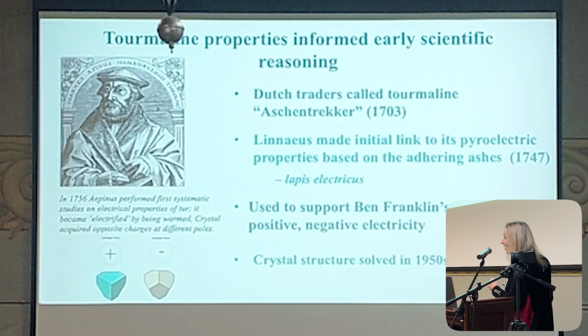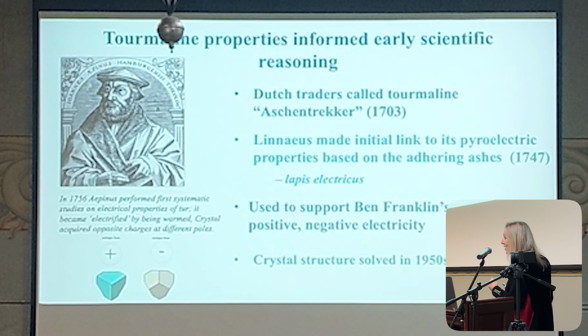And about 10 years later, this gentleman here, Aepinus, performed some of the first experiments on the electrical properties of tourmaline, and he demonstrated that, in fact, it became electrified by being warmed, and that opposite ends of the crystal developed opposite charges.